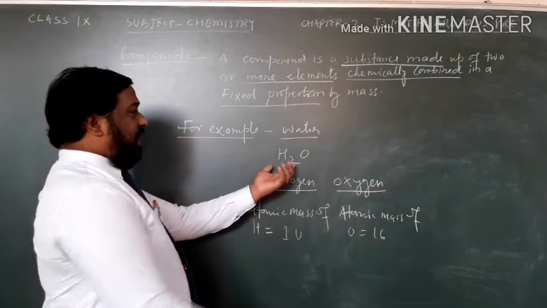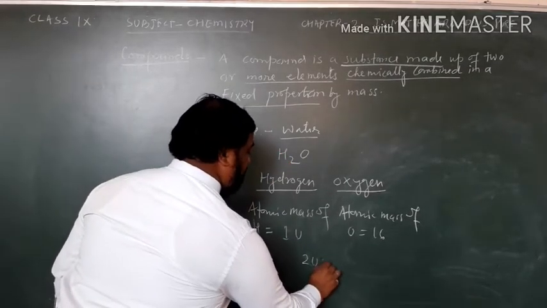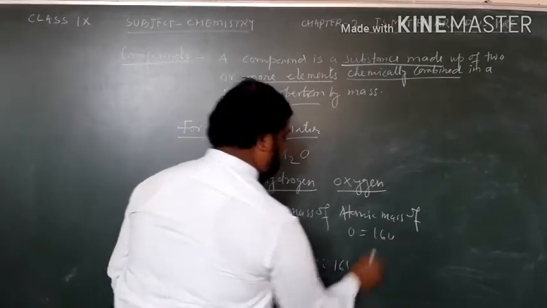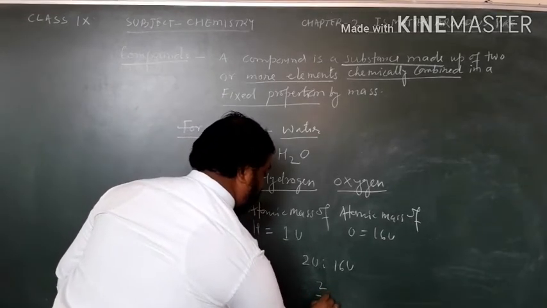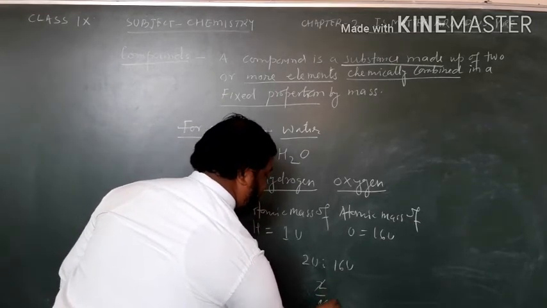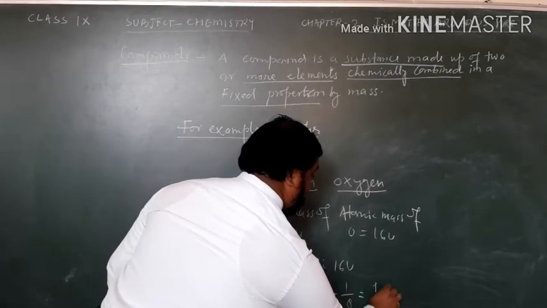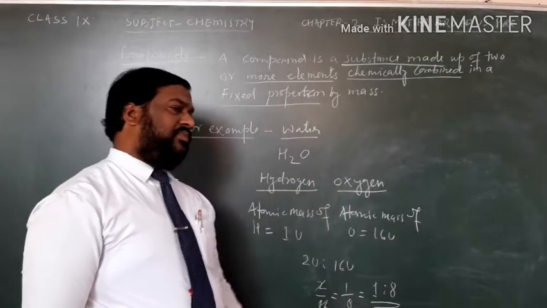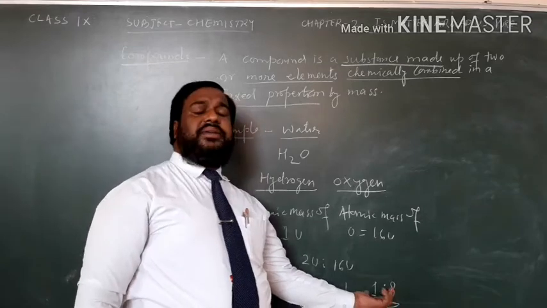So here hydrogen is 2, so 2 units is to 16 units. Divide it, 2 upon 16, so it is 1 is to 8. Means by mass, hydrogen and oxygen are in the fixed ratio 1 is to 8.